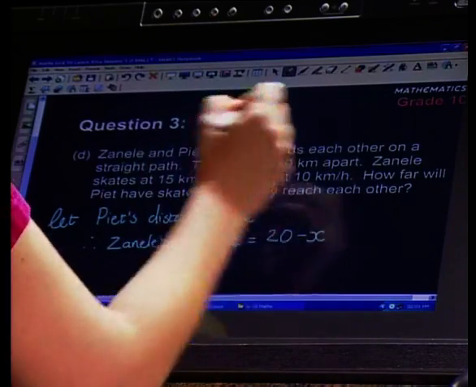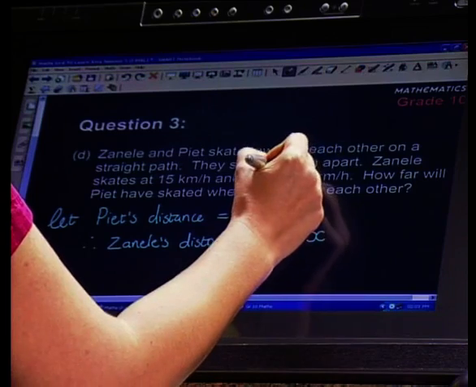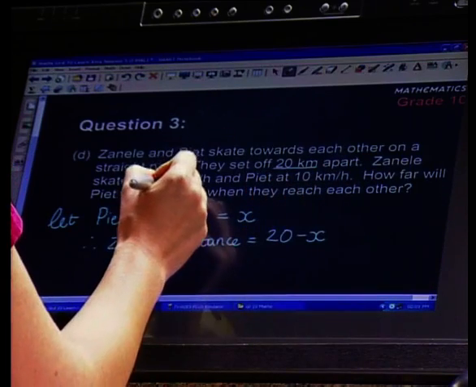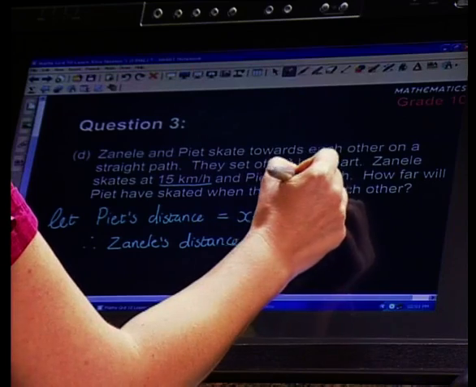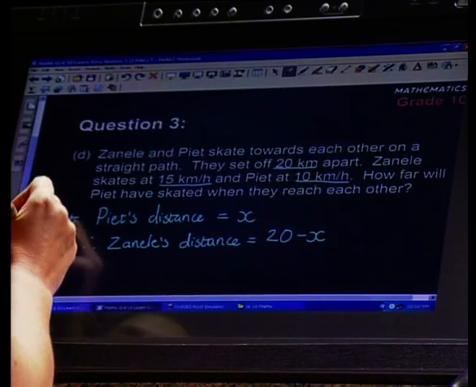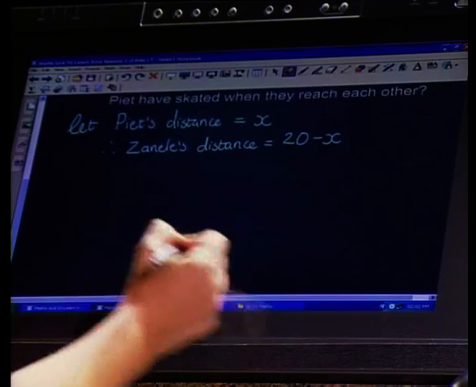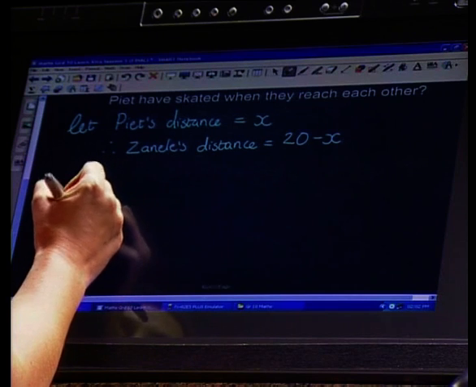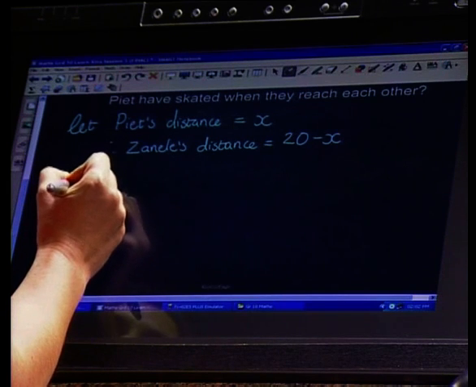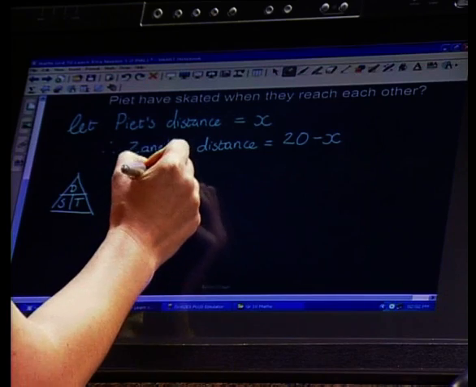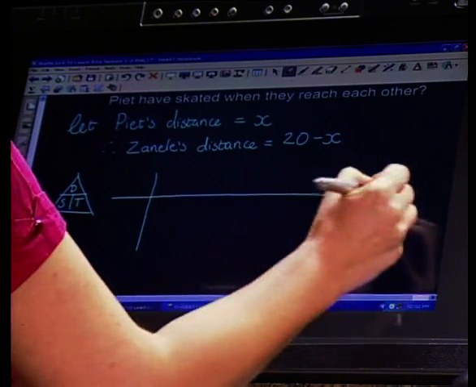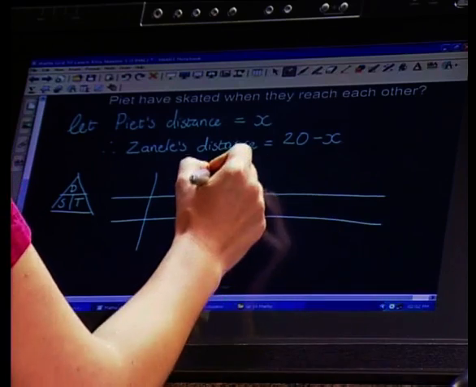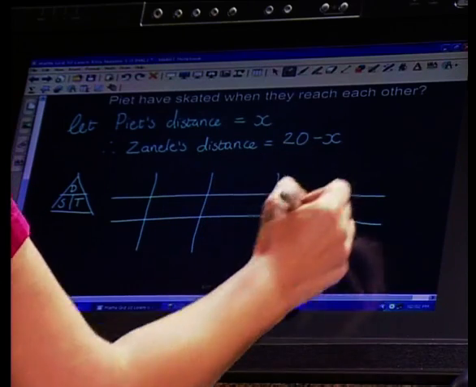You'll notice that they've spoken about distance, they've spoken about speed. So what kind of problem are we doing? If you guessed speed, distance, time, you would be correct. Speed, distance, time. Except now, instead of having there and back, we've got Zanele and Pete.